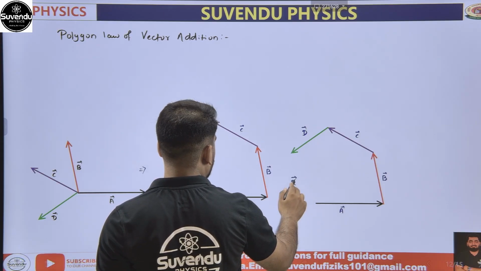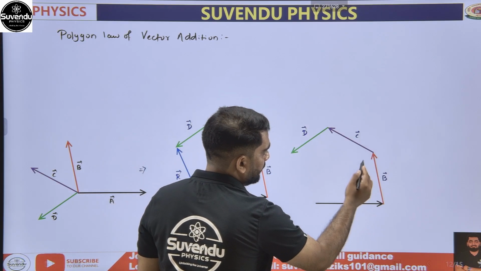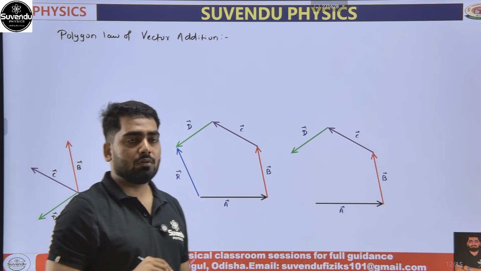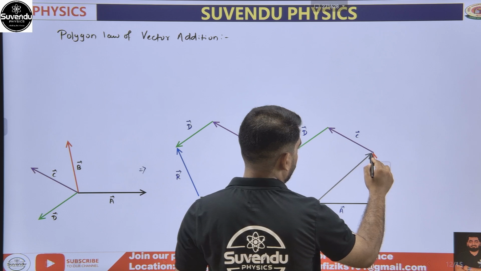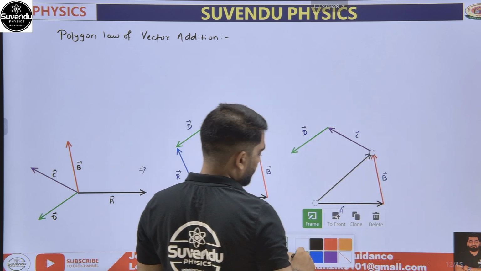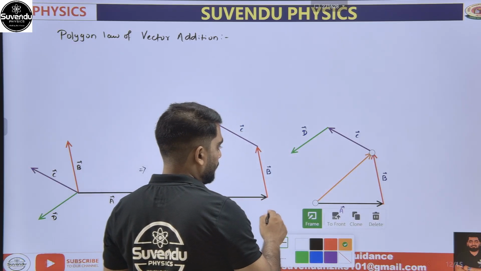Which one is our R vector, we don't know. Let's see this A vector and B vector, they are in the same order. Then the third side of the triangle taken in opposite order gives their resultant vector.